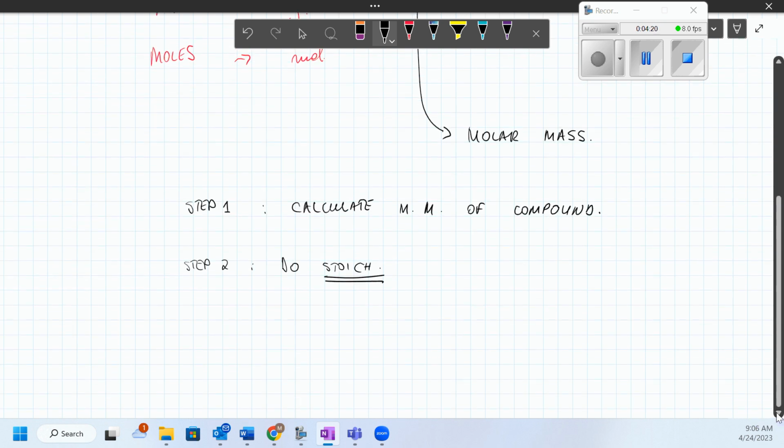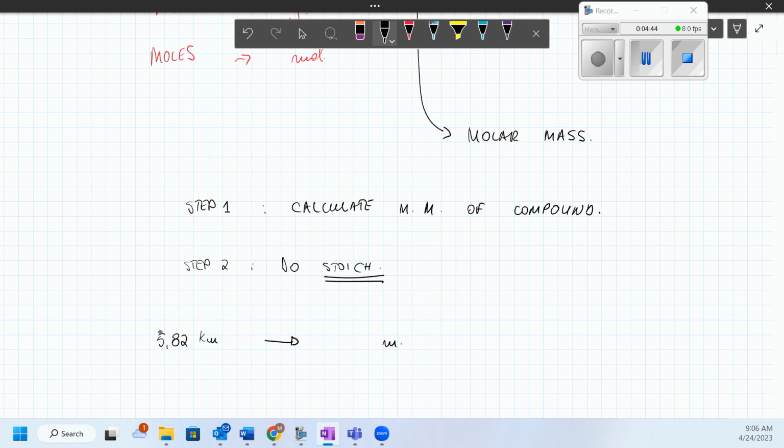I will take you a bit away from chemistry so that you can see how easy it is. Let's suppose that we have 5.82 kilometers, and we want to convert this into meters.